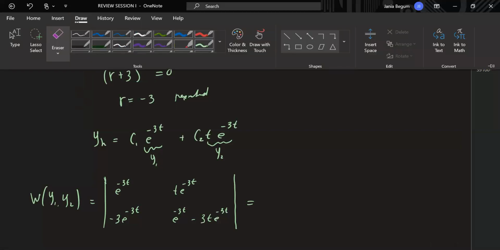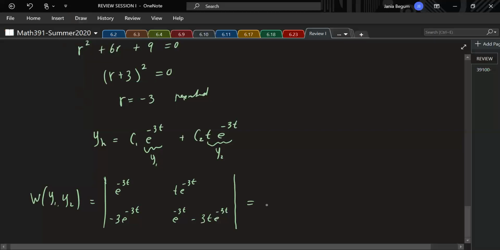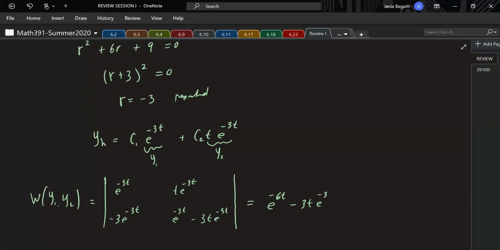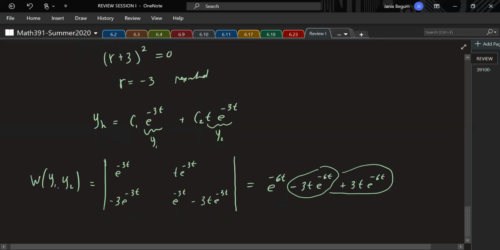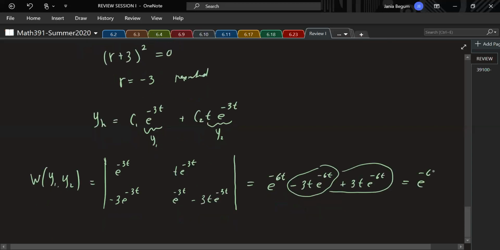My brain just froze. Okay, e to the -6t. Now the second one: -3t e to the -3t, no, hold on, sorry, it's -6t. That was good, right? Yes. And now we do plus 3t e to the -6t. Oh, that's nice, these cancel out. So our Wronskian is just e to the -6t.